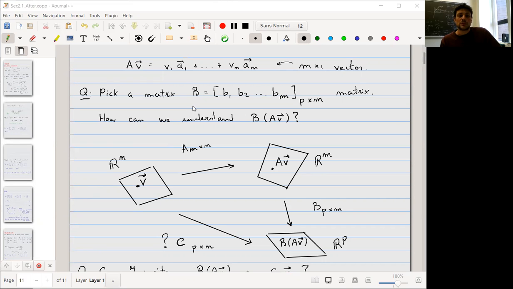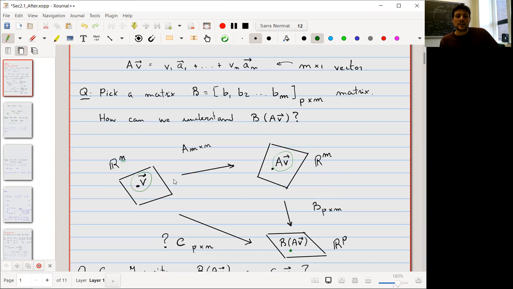We should think about multiplying by a matrix as some sort of transformation in our space, meaning that we started with a vector V in a space Rn, and then when we multiplied by the m by n matrix A, we got a vector AV, which lived in Rm. Now we're wondering, what if I take another matrix B of size p times m that takes a vector in Rm and spits out another vector in Rp?